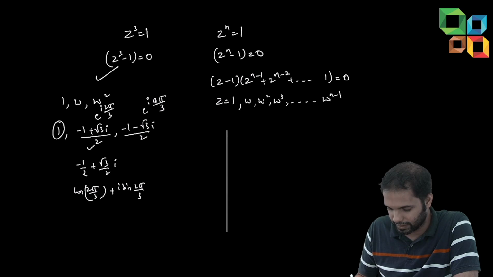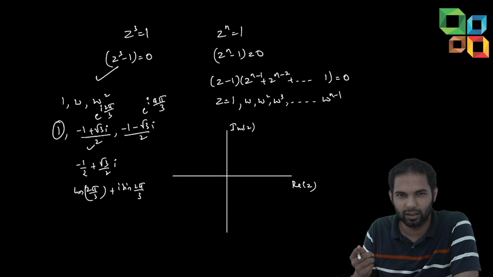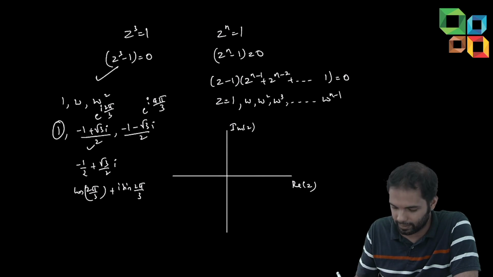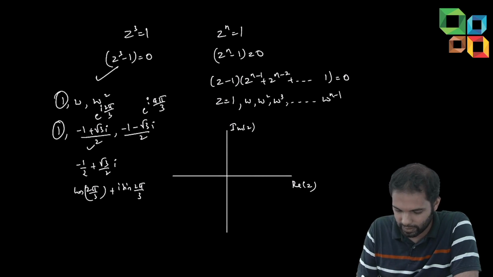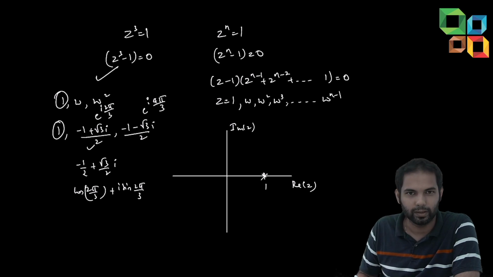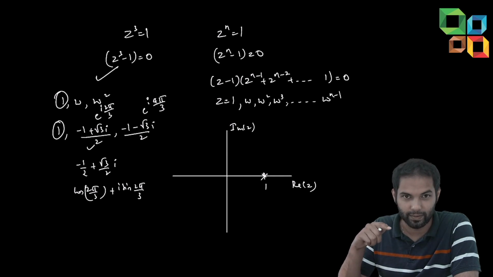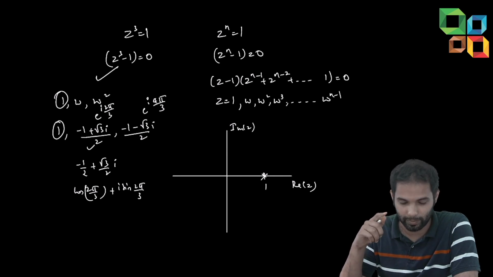So this is the Argand plane. We have this as the real axis, and this is the imaginary axis. We are taking the magnitude to be 1. So where is 1? This is 1, which is the point 1 comma 0. What is e power i 2 pi by 3? The magnitude is the same, 1, and the angle is 2 pi by 3.